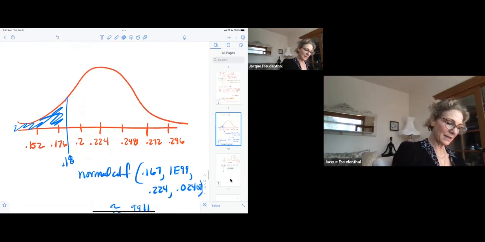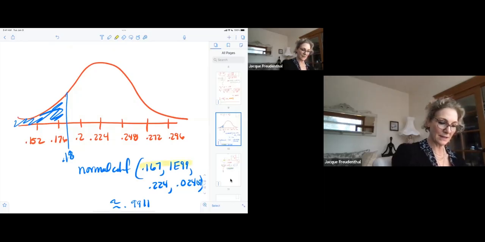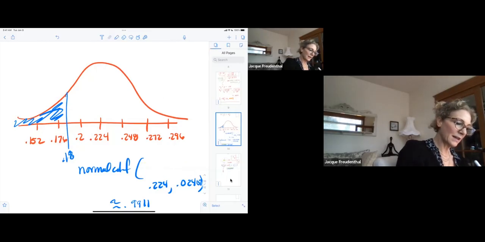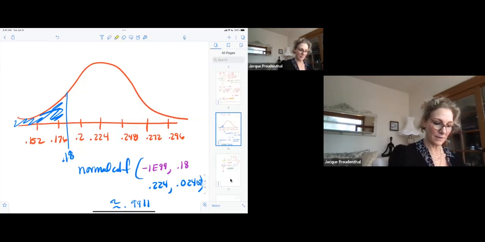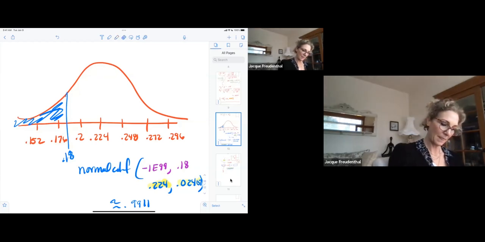So in my calculator, I need to change this because it's the wrong order. In the order that I want it in the calculator, it would be negative infinity, so -1E99, up to 0.18. And then we keep the mean of the sample proportion and the standard deviation of the sample proportion.